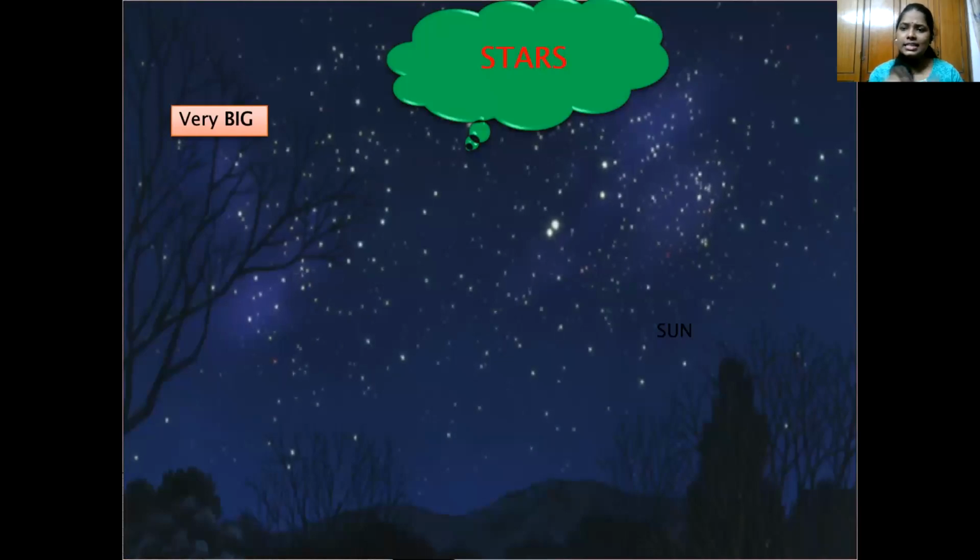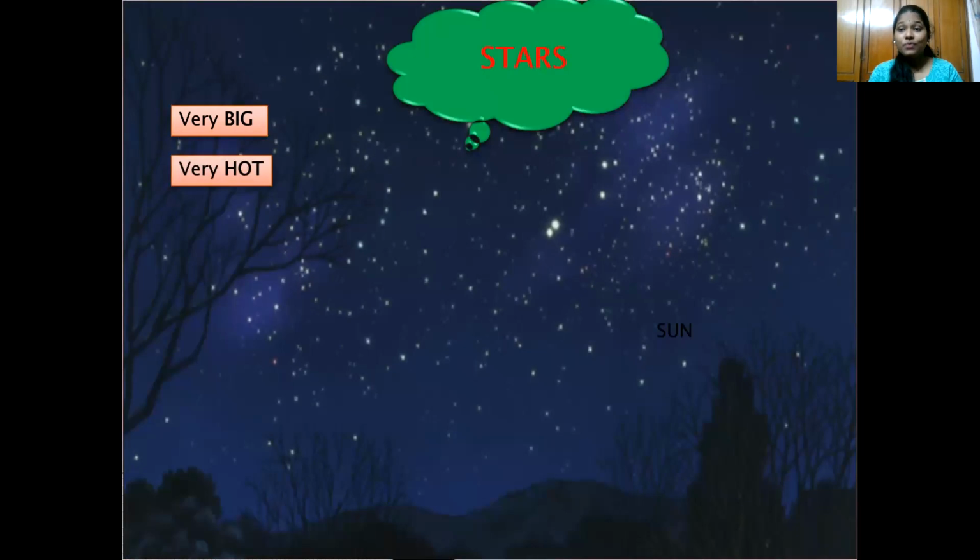Then why do we see it in a smaller size? Because it is at a great distance from us. There is a large distance between the star and where we are, on the earth's surface, right? That is why we see the star in a very small size. But actually it is very big.